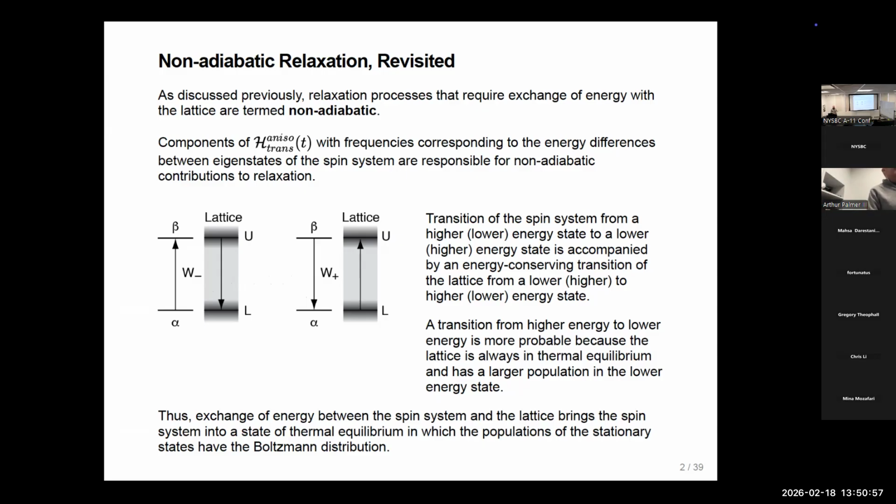The flip rates down and up are balanced against each other so that there's no net change away from Boltzmann equilibrium. This is just like a kinetic reaction at equilibrium. When you say I have a chemical reaction at equilibrium, you know that the molecules in the reactant and the molecules in the product aren't fixed.